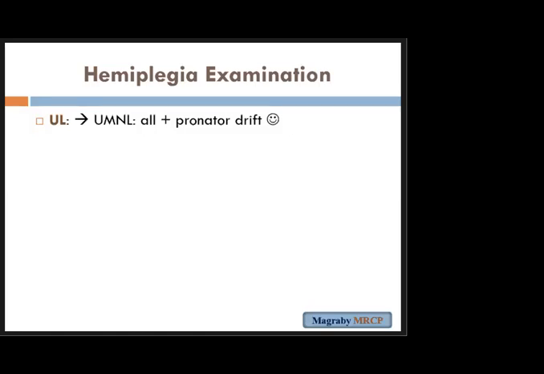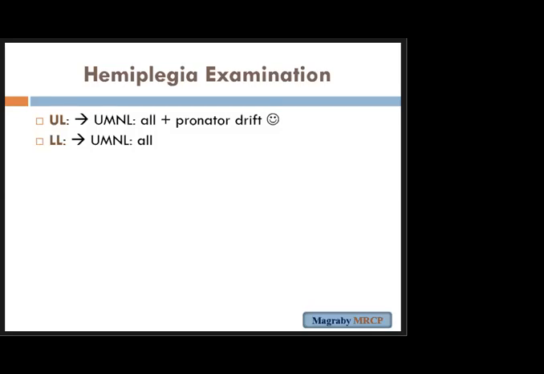Then examination of the lower limb. You will see also the characteristic features of the upper motor neuron lesion in the form of, as we mentioned before, hypertonia, hyperreflexia, upgoing plantar reflex, Babinski sign, plus or minus other signs like clonus, like pathological reflexes as patellar reflex or abductor reflex.